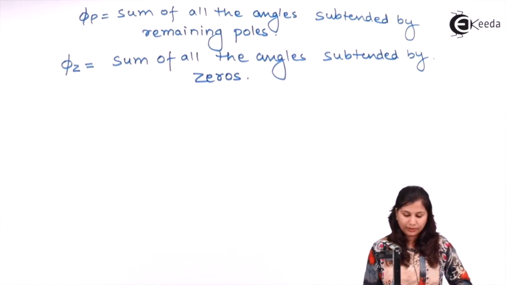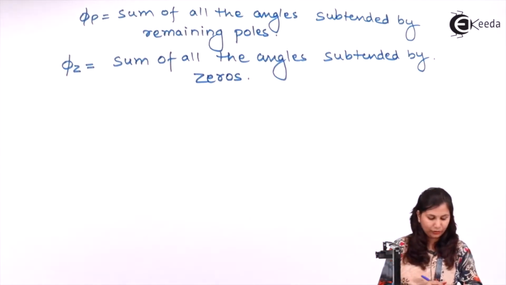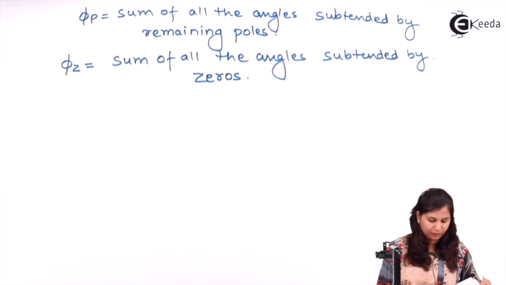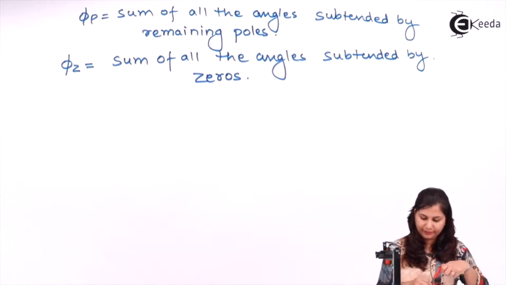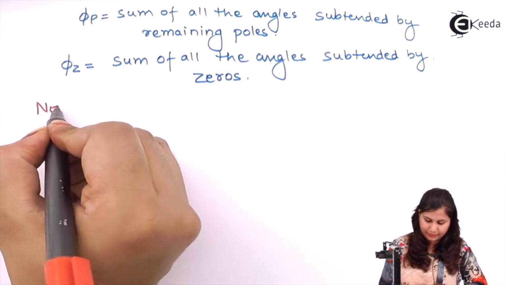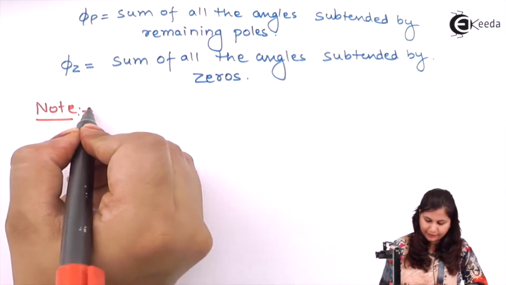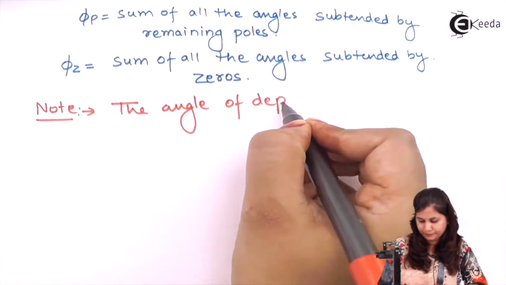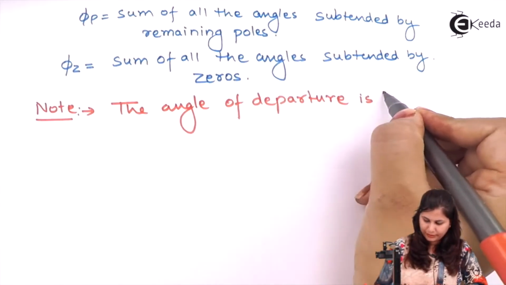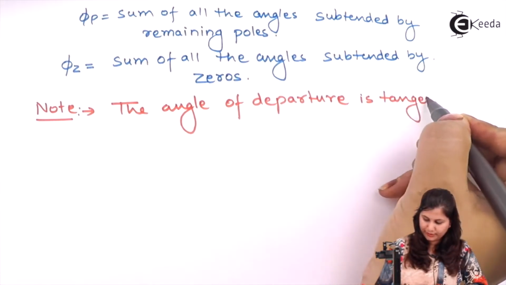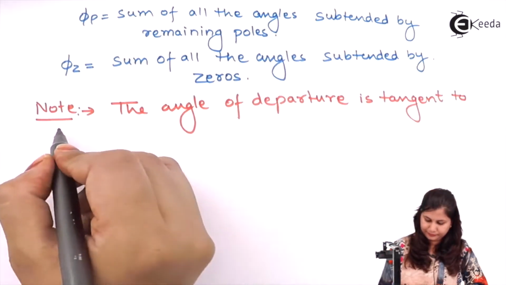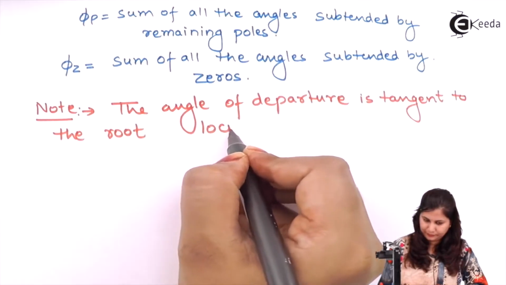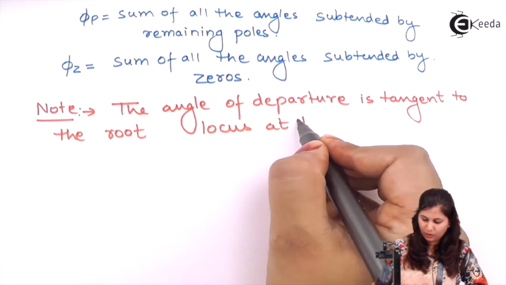Okay. Now here we have to find out the angle of departure from the complex pole. So you have to keep a note in your mind that the angle of departure is tangent to the root locus at the complex pole.